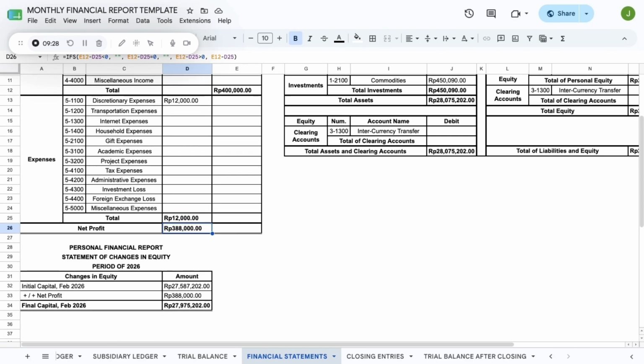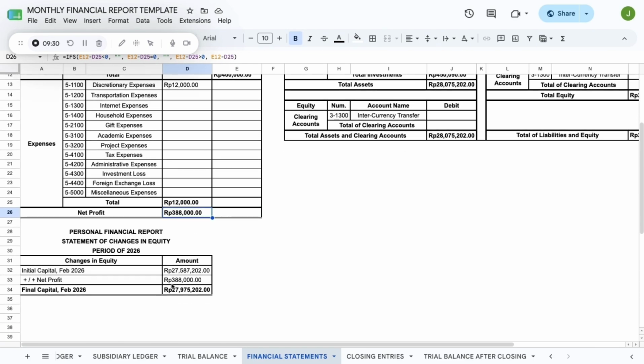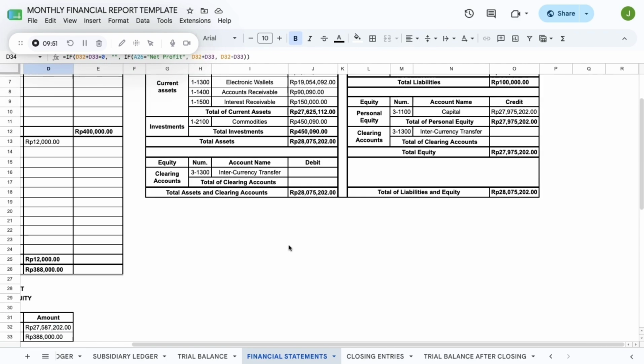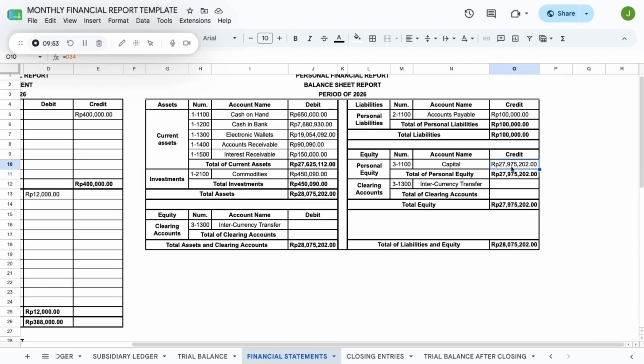And then we move into the statement of changes in equity, where our initial capital is added to by our net profit or subtracted by our net loss. It depends on what is being done that month. And then we pop out a final capital, and this amount will go into this place.